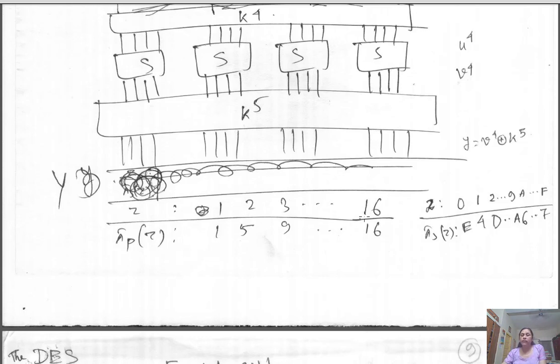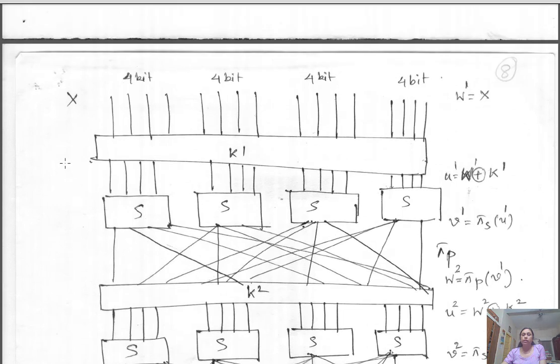Okay, so the entire thing is, I have this table. I will show it later. So this 16-bit plain text is XORed with the first round key, and it passes through the S box. S box essentially takes you from 4 bit to 4 bit, where 4 bit is encoded as one hexadecimal element.